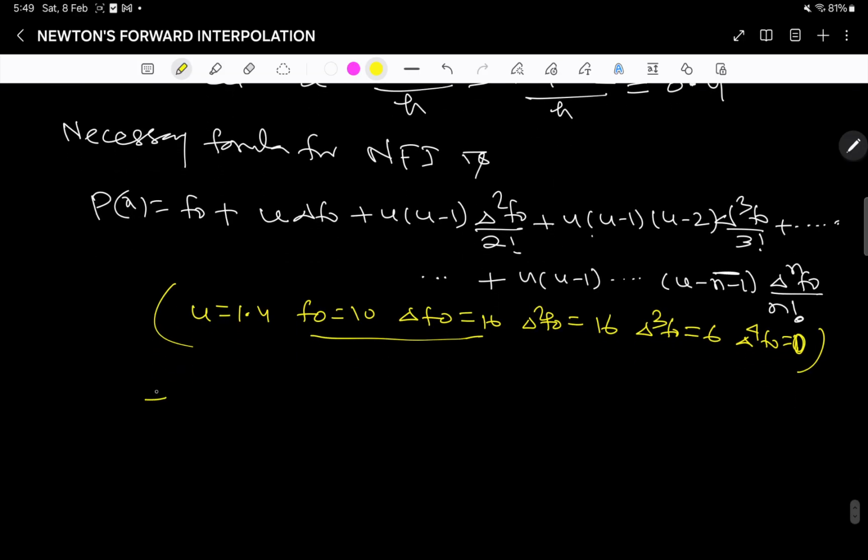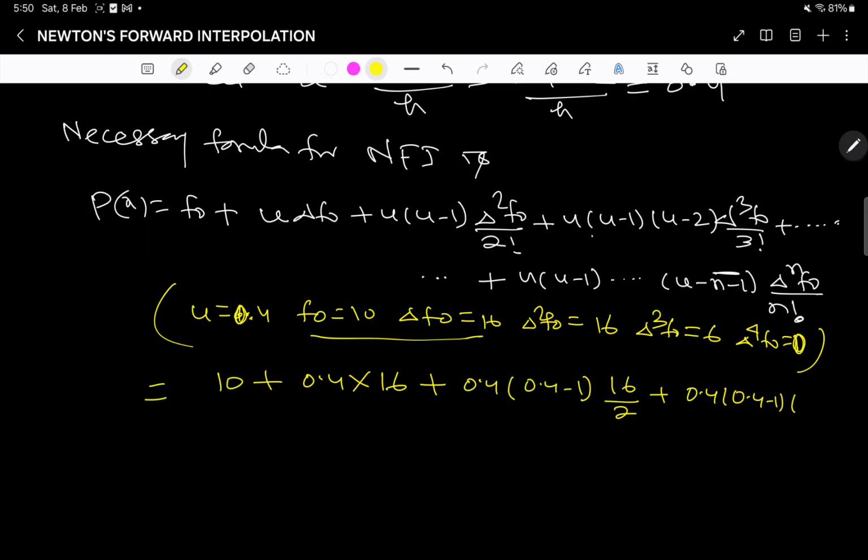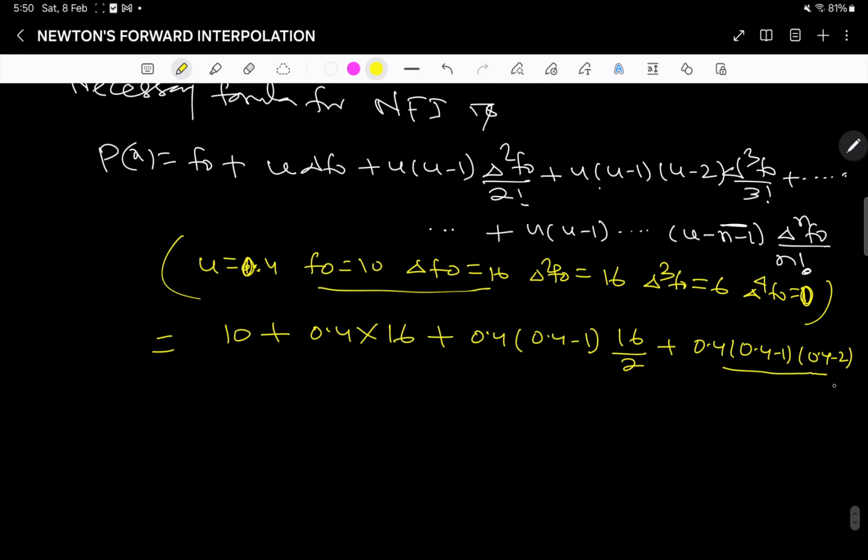So this will give me f0 is 10 plus u is 0.4, now it is 0.4 into del f0 is 16, then plus 0.4 into (0.4 minus 1) del square f0 is 16 by 2, then plus 0.4, (0.4 minus 1), (0.4 minus 2) into 6 by 3 factorial, this into 6 by 6.